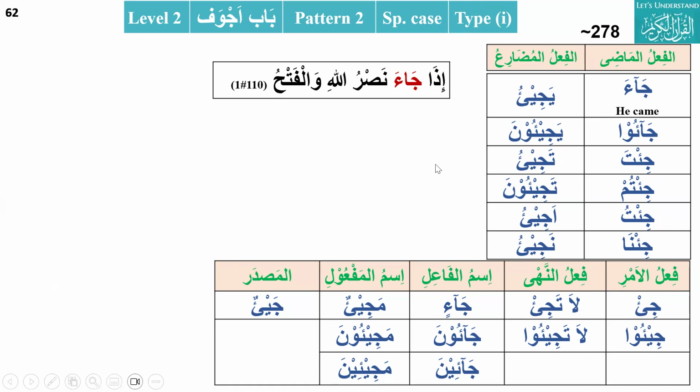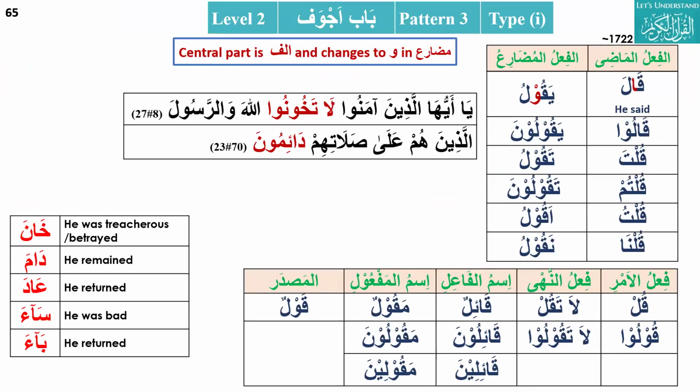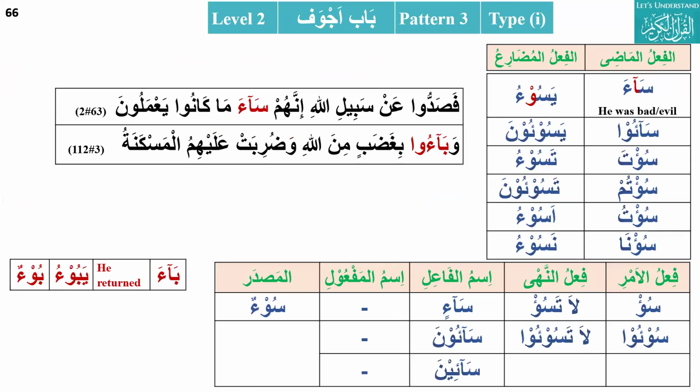Ja'a means he came. Similarly, the third case is for Qala Yaqulu: Sa'a Yasu'u. Sa'a means he was bad, he was evil. La tasu'u. Sa'in, sa'una, sa'ina.